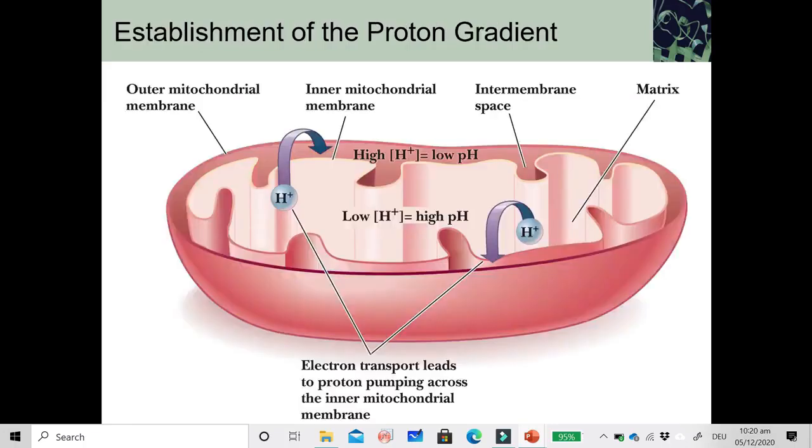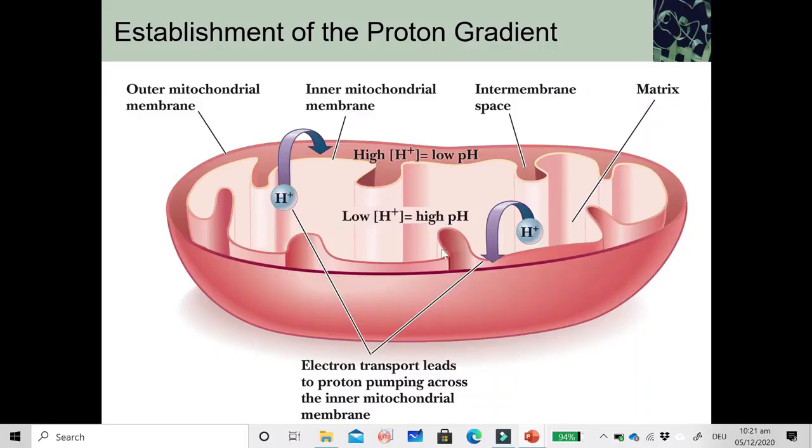Okay, here are some basics about the establishment of a proton gradient. Here is the mitochondrion. We have an outer mitochondrial membrane and an inner mitochondrial membrane. The electron transport leads to proton pumping across the inner mitochondrial membrane.